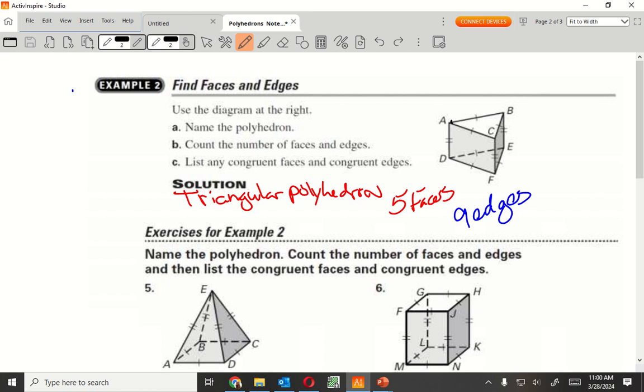Now, the face right here, this triangle, we could say triangle ABC is going to be congruent to, which triangle is congruent to that one? On the bottom, right? On the bottom, so that would be triangle DEF.